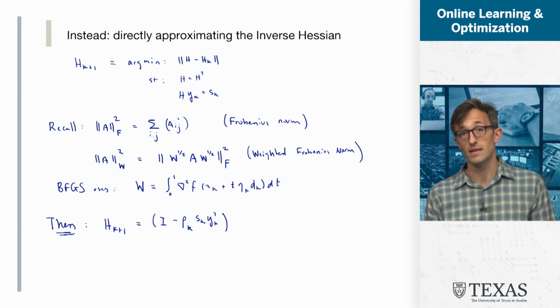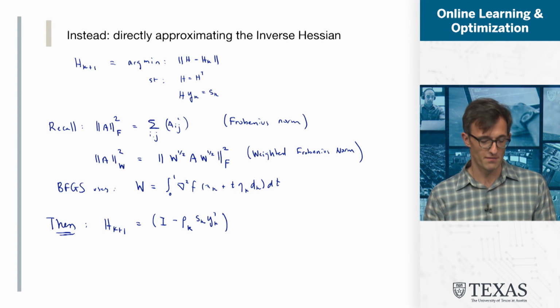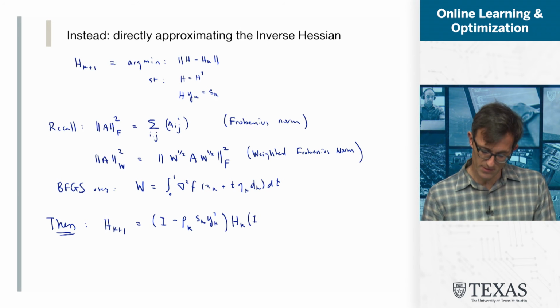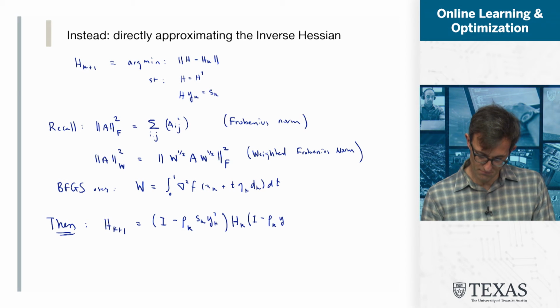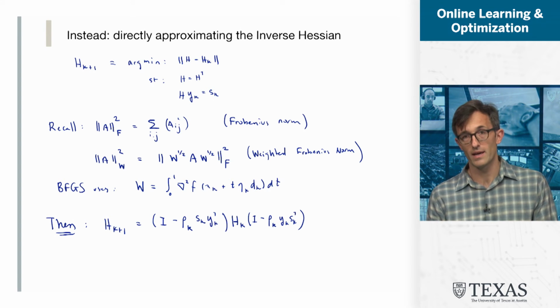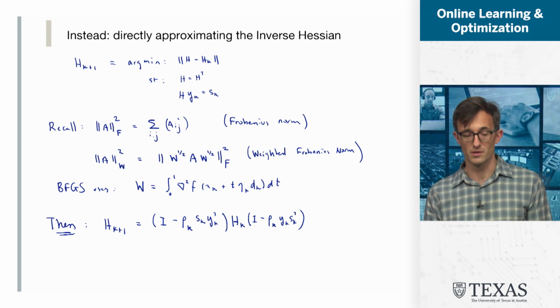Remember, sk is xk plus 1 minus xk. yk is gradient of f of xk plus 1 minus gradient of f of xk. Times Hk times that matrix again. This flip is intentional. This is sk yk transpose and yk sk transpose, because they're transposes of each other.